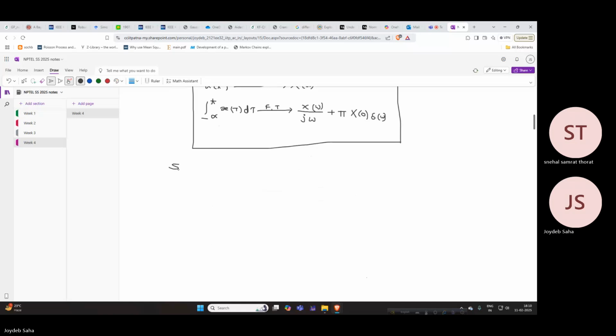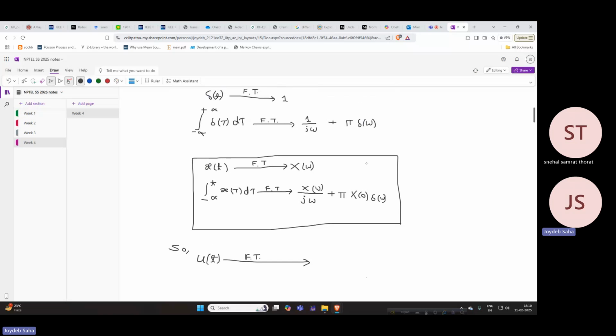So we are getting u(t), its Fourier transform becomes 1 upon j omega plus pi delta omega.